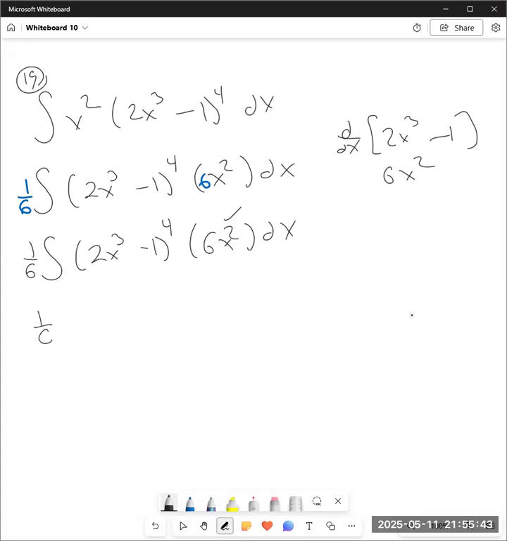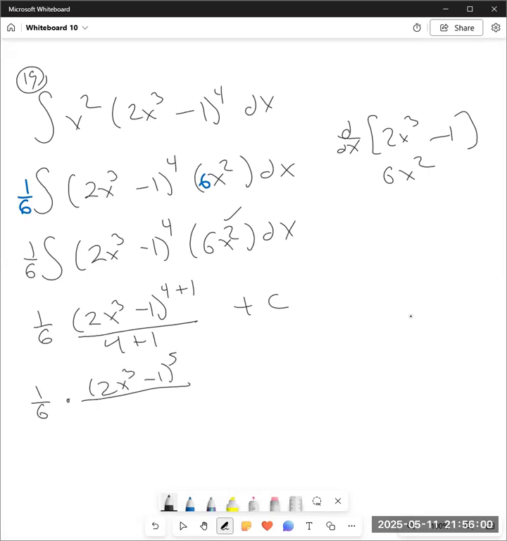So that gives me 1/6 times (2x cubed minus 1) to the 4 plus 1 over 4 plus 1 plus c, which is 1/6 times (2x cubed minus 1) to the 5th over 5 plus c. 6 times 5 is 30. So 1/30 times (2x to the third minus 1) raised to the 5th plus c.